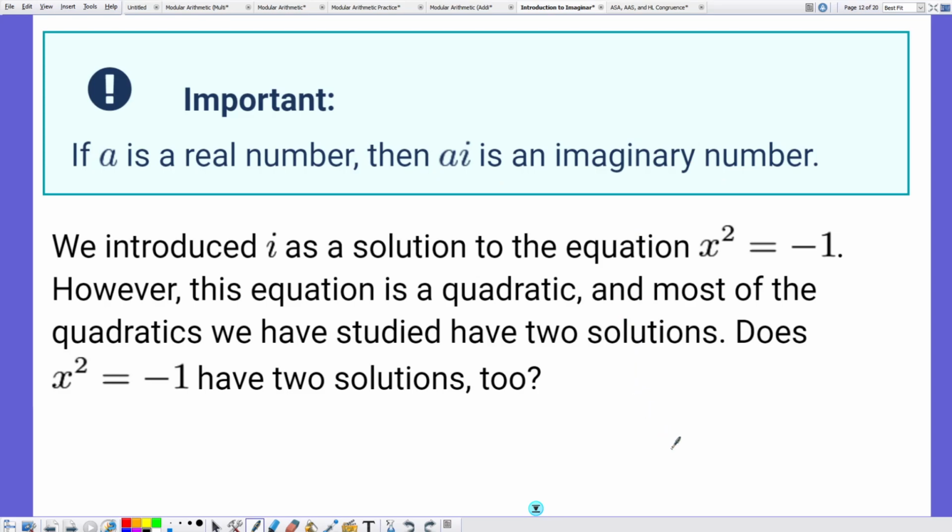And to lead us into the next problem, i is the solution to x squared equals negative 1. However, this equation is a quadratic, and most quadratics that have been studied in the past have two solutions. So does x squared equals negative 1 have two solutions? That's what we will be exploring in the next problem.